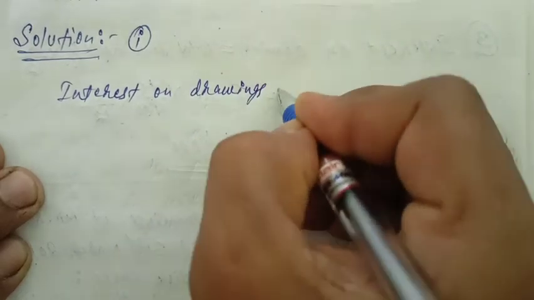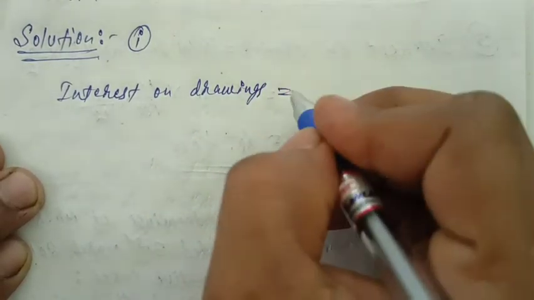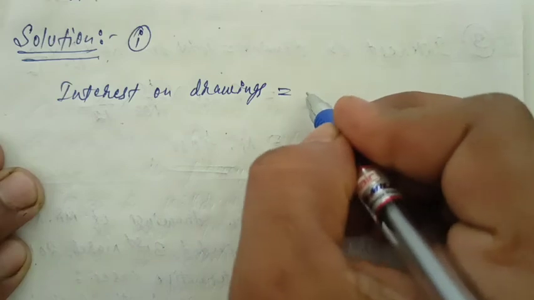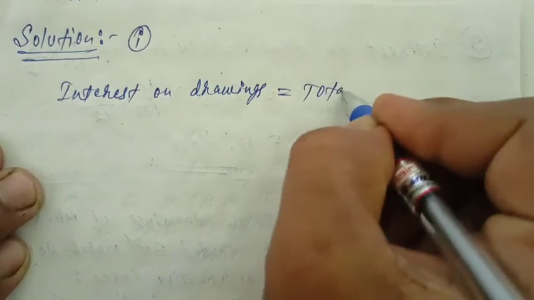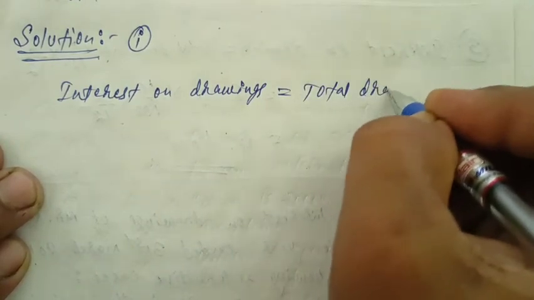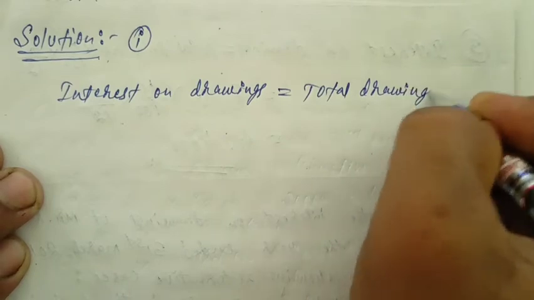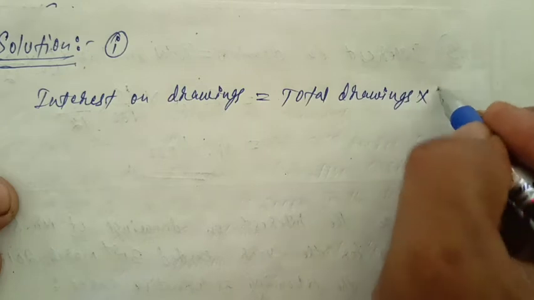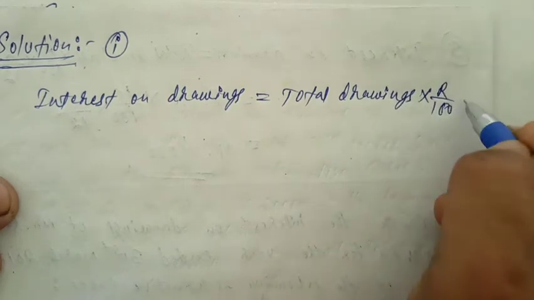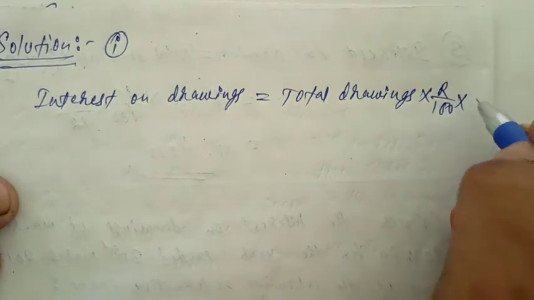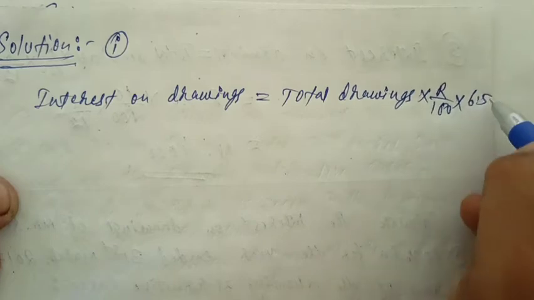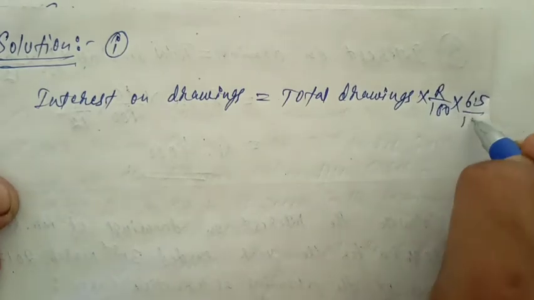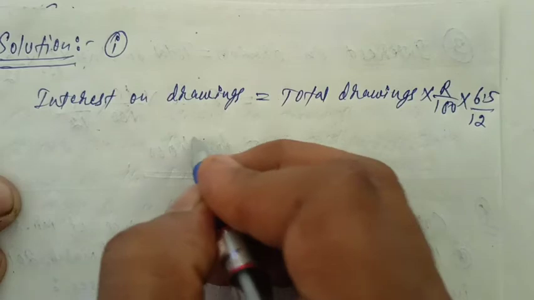Interest on drawing equals total drawings into rate divided by 100. Here the rate is 10% in this question. If it is beginning of every month, then we have to take 6.5 as the average period.